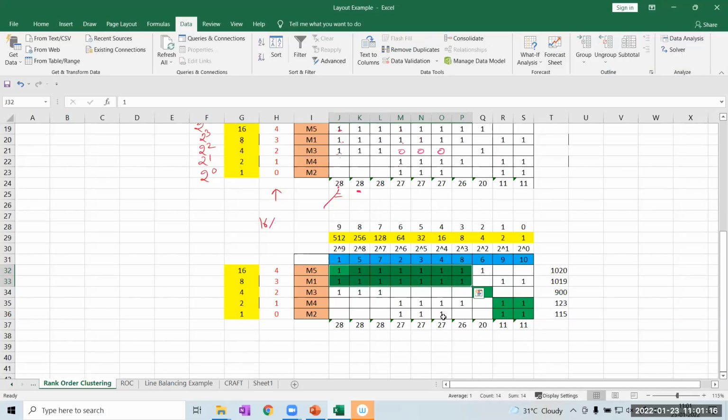Sir, how are the conclusions derived? I didn't understand. Because for machine 2 and machine 4, there are products 4, 5, and 6 which can be grouped together, no, sir? Those are not grouped together.